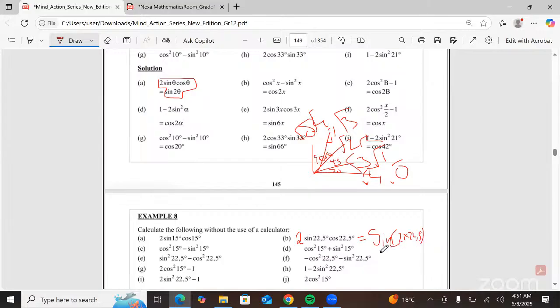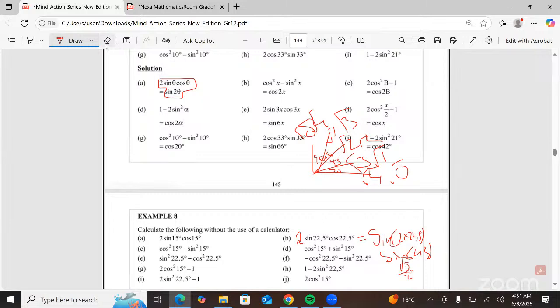This gives us sine 45. So sine 45 is root 2 over 2.